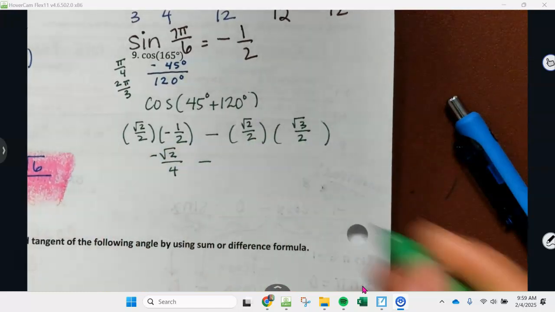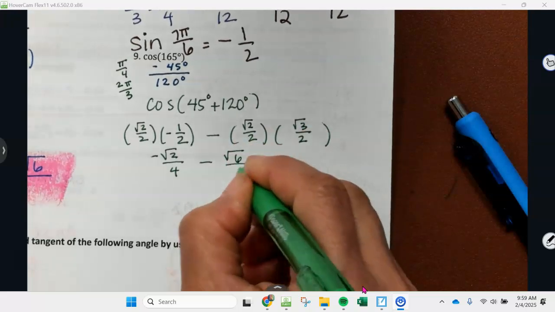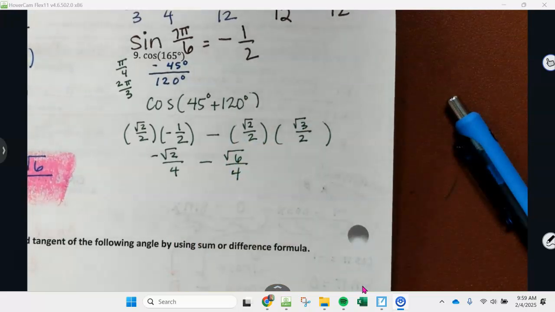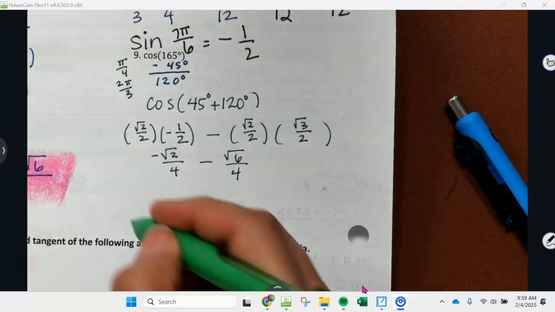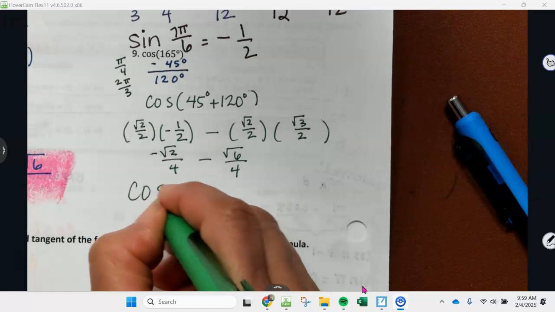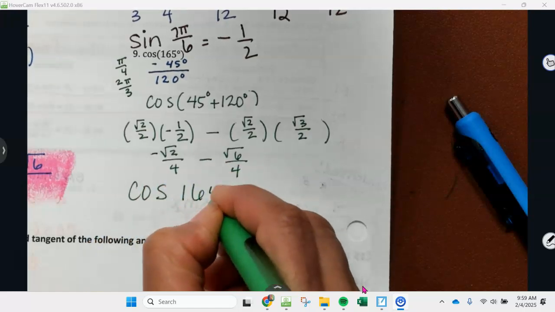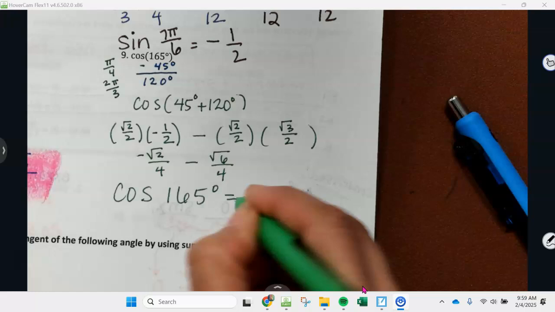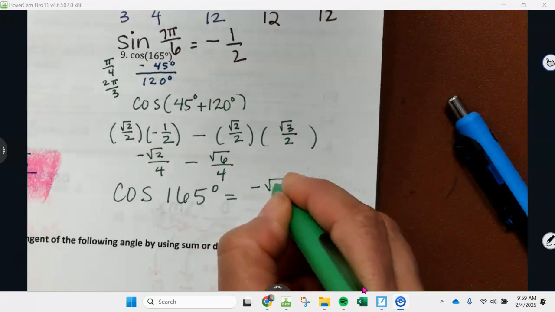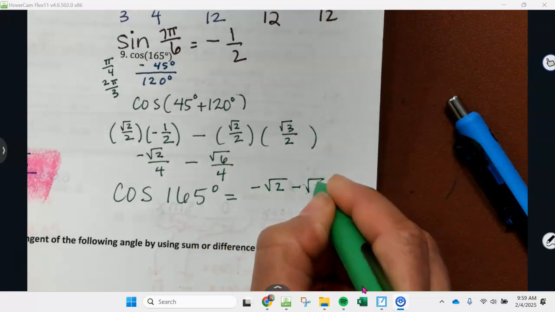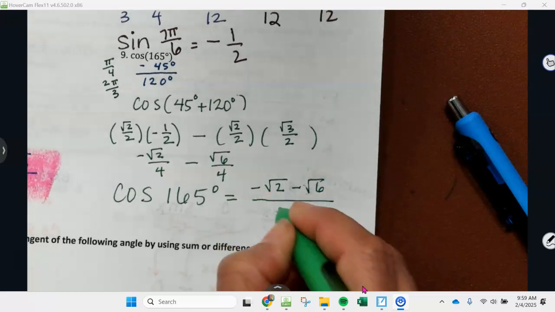Positive times a positive is a positive. So the cosine value for 165 degrees is going to equal negative root 2 minus root 6 over 4.